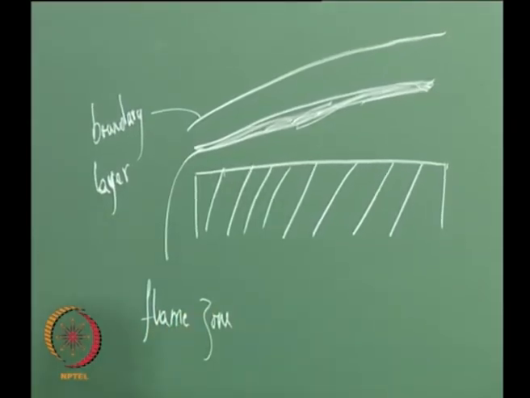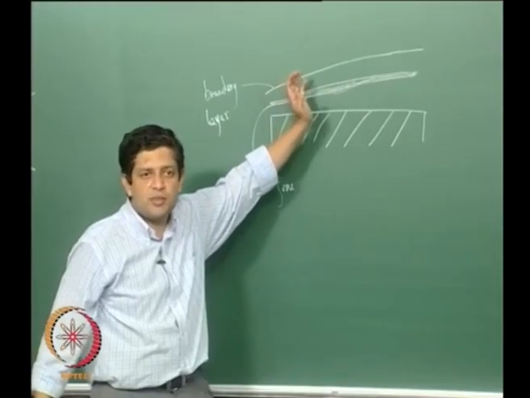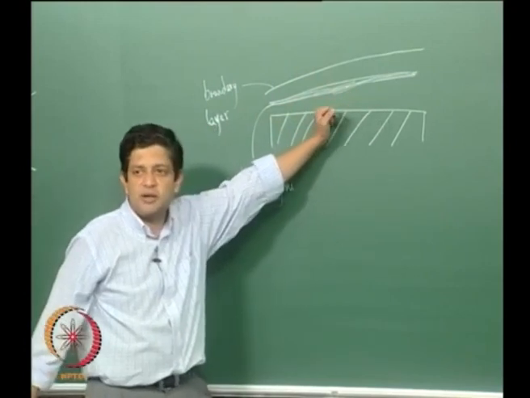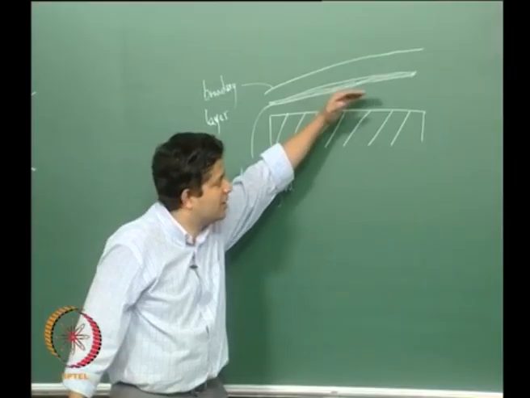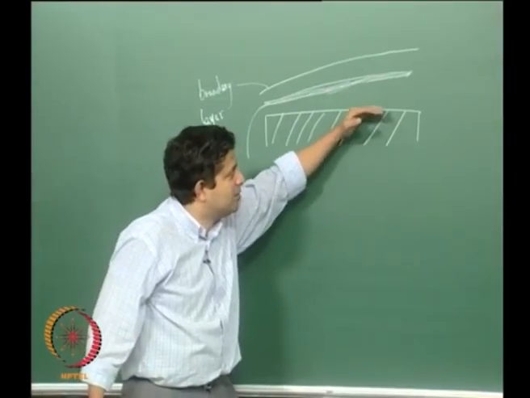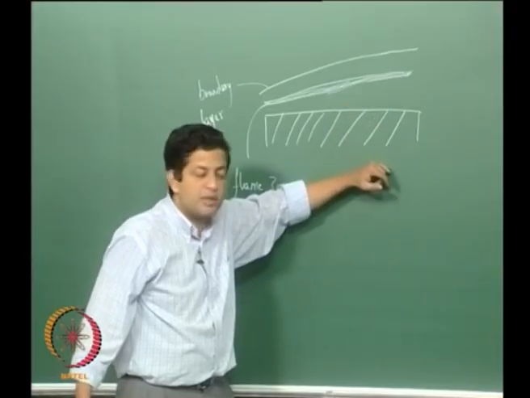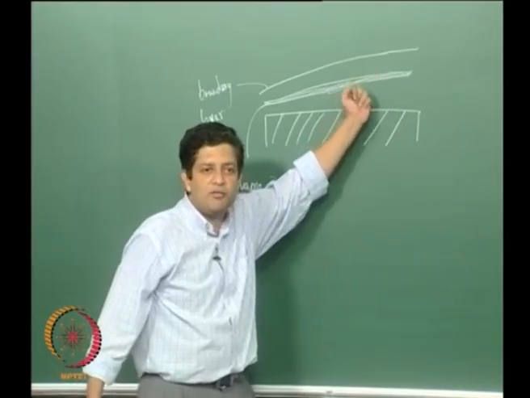Now what is happening is, because of this boundary layer there is a heat transfer to the propellant which is convective in nature, and that heat transfer is being taken up partly for maintaining the temperature profile in the condensed phase, and then partly to evaporate the fuel.